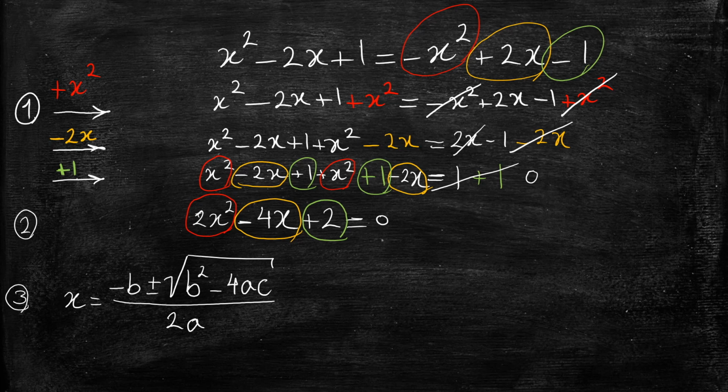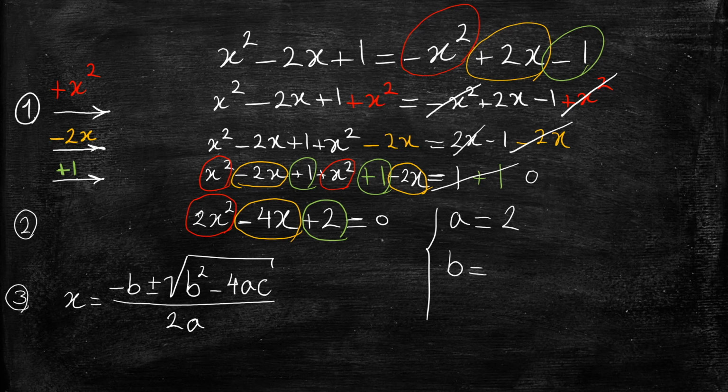So we have to figure out what a, b, c are. a is the factor multiplied by the unknown to the power of 2, which is in here. We have 2x squared, so the 2 multiplied by x squared. a is 2.